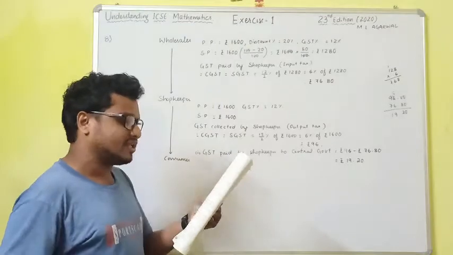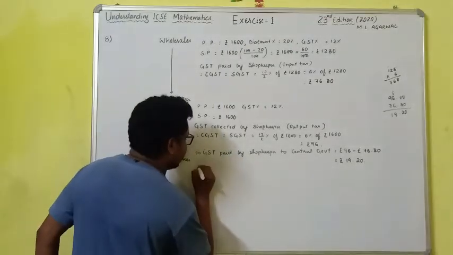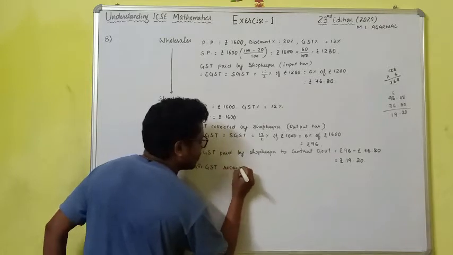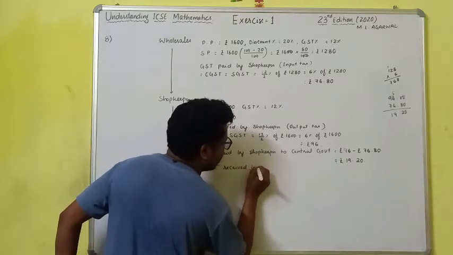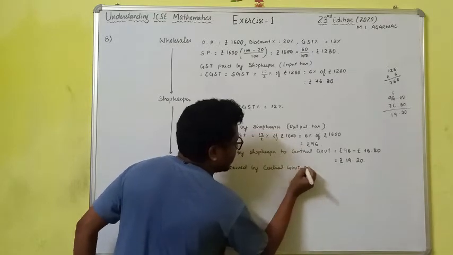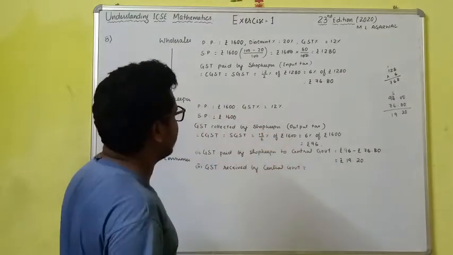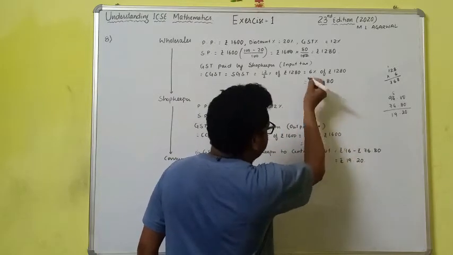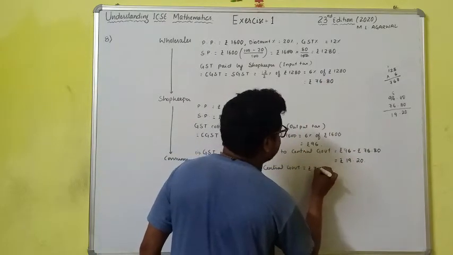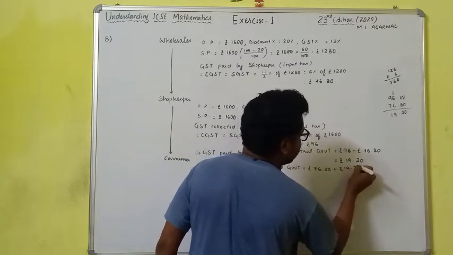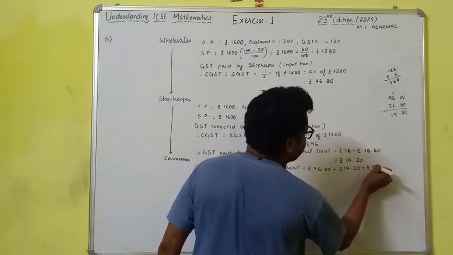Then GST received by the central government. See, how much GST was paid by the shopkeeper? 76.80 plus 19.20, so it will be equal to 96 rupees.